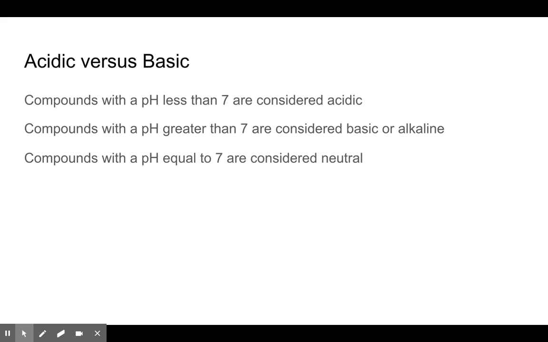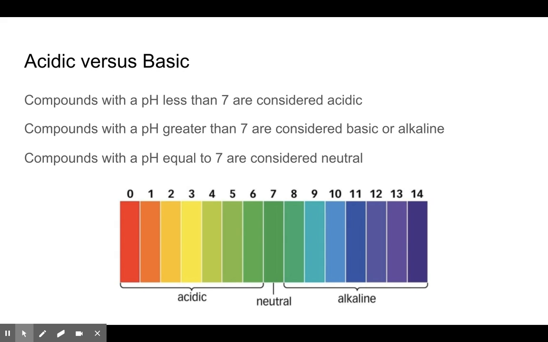This means that they don't act like acids or bases in most cases, so they're not donating protons or accepting protons, as we've talked about in previous videos. However, this can also mean that protons are being accepted as fast as they're being donated. So we generally consider that anything with a pH of 7 is neutral, meaning it's neither acid nor base.